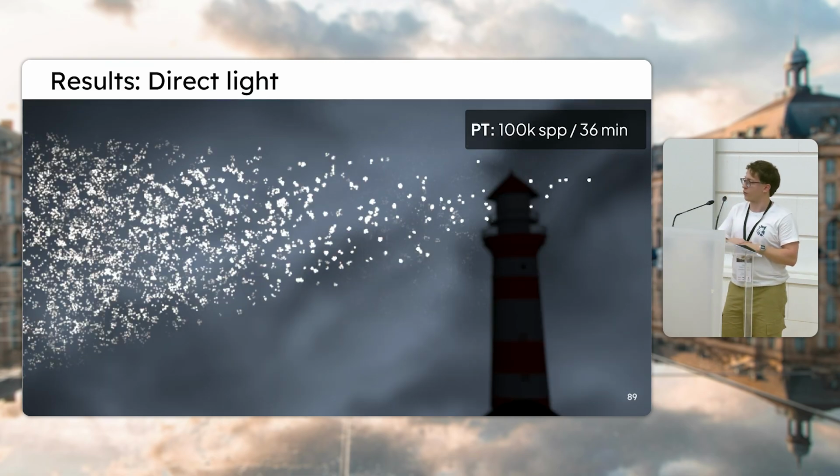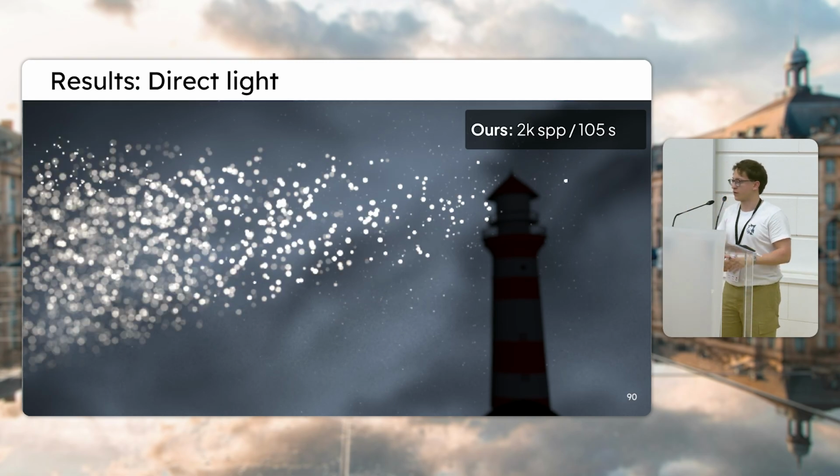This is even more visible when we use distributed effects, like depth of field. Here, path tracing required 36 minutes to get this result, while our method is able to get this converged render in just 100 seconds.